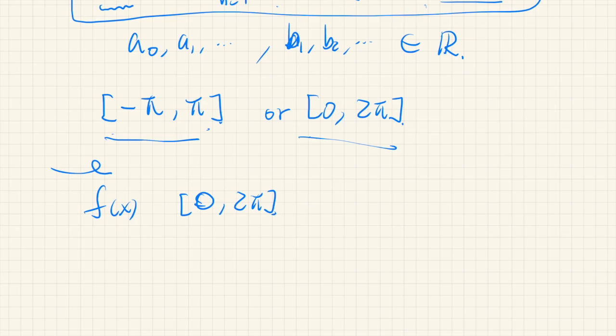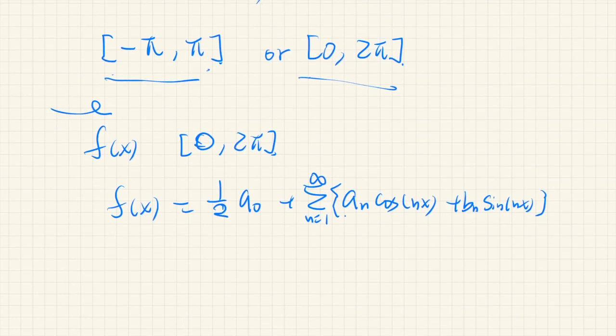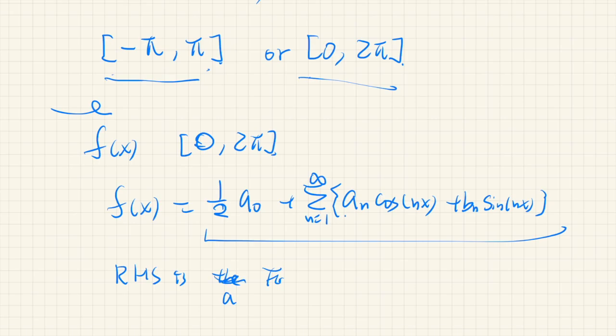And if this function can be expressed in terms of a Fourier series, that is, a0 over 2 plus the sum of an cosine nx plus bn sine nx, then we say the right hand side is a Fourier expansion of the function f of x, because we're not sure if this representation as a Fourier series is unique or not.